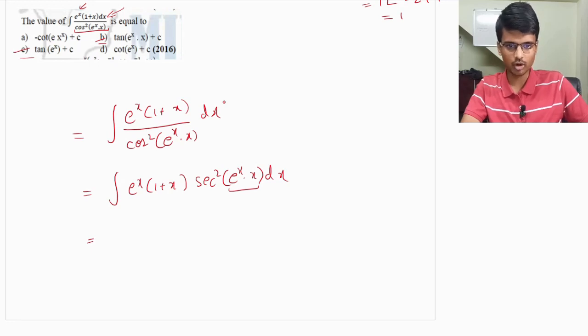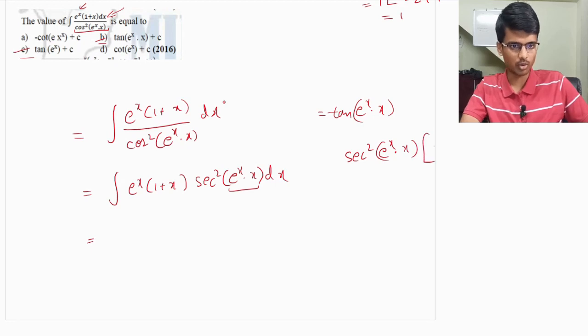If we take option B, that is tan of e power x dot x, if I differentiate this, I should get the question, right? What is differentiation of tan? It is not inverse, only tan. Differentiation of tan is nothing but sec square e power x x, right? What is the differentiation of the inside part?